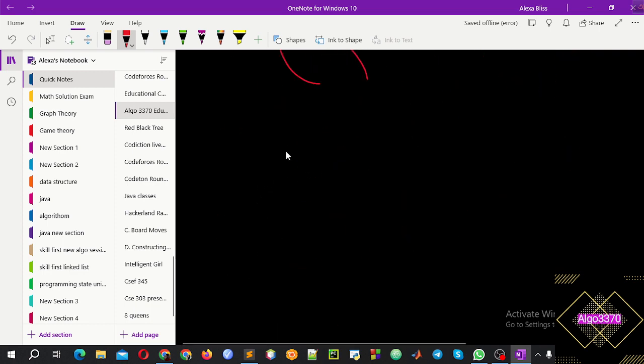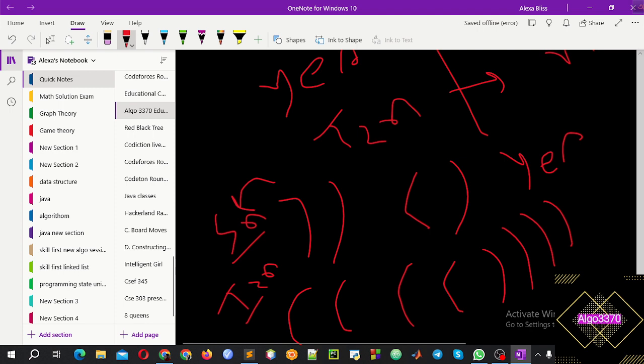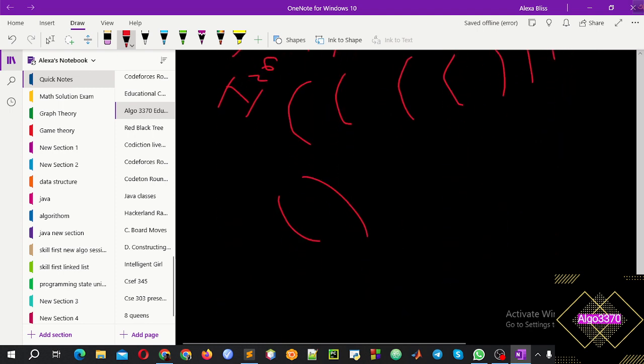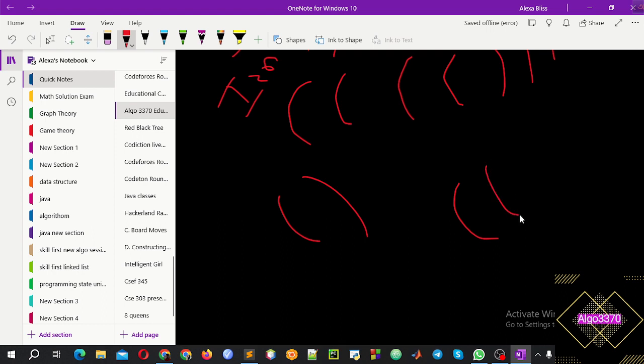This sequence is very common for any regular bracket sequence, because somehow our regular bracket sequence will be this way.